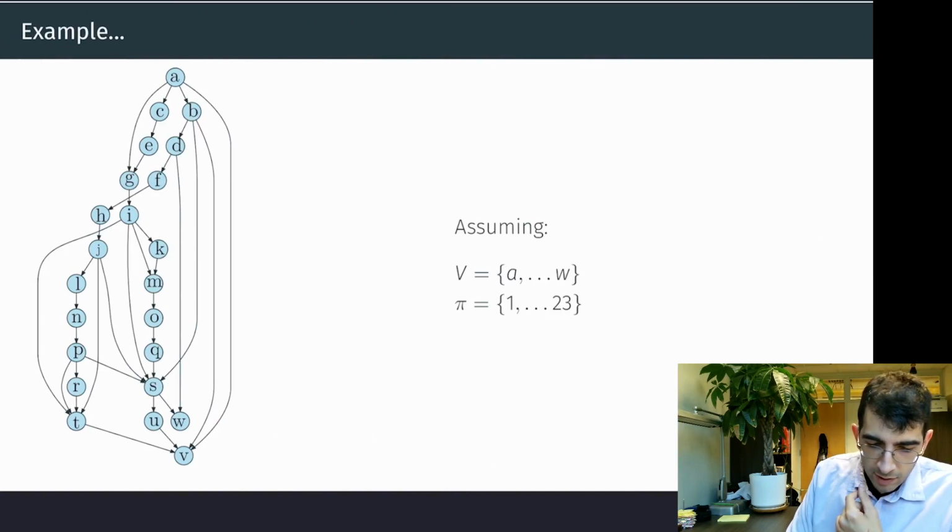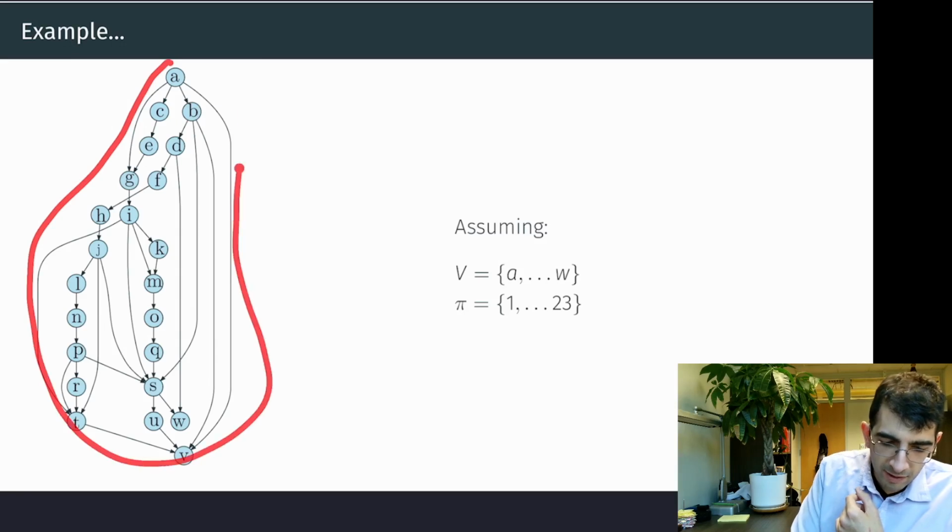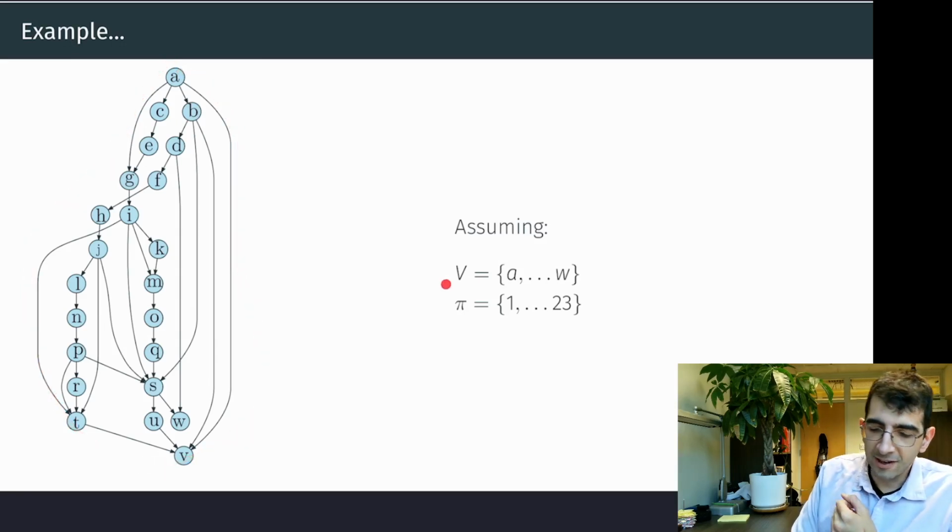And so the example that we gave earlier, where there are vertices A through W, the topological ordering is simply the corresponding number sequence that lists the order of the vertices. And like the examples we've done before, the topological order is simply 1 to 23.